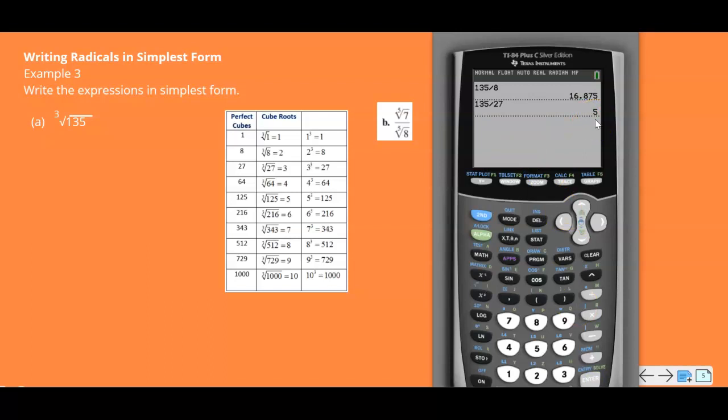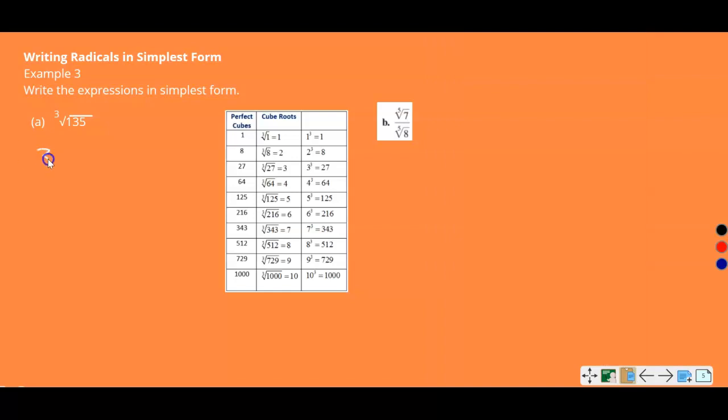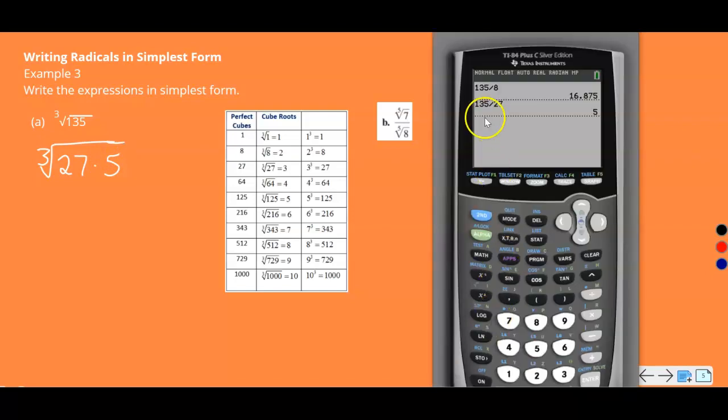So we can rewrite this as the cube root of, and again we're just rewriting it, so we're going to have a product of two numbers, 27 times 5. You can see that 27 went into 135 5 times, so 27 times 5 equals 135.